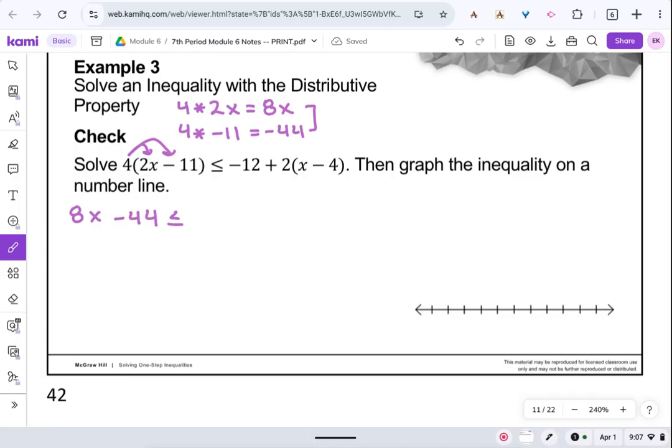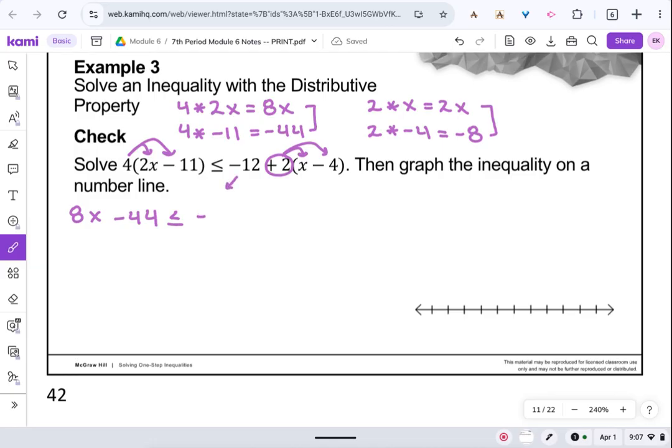Inequality symbol. On this side, I've got a positive 2. I'm going to go ahead and distribute that in. So I'll have 2 times x, which is 2x, and 2 times negative 4, which is negative 8. Those are going to go on the right side with that negative 12 that's there.